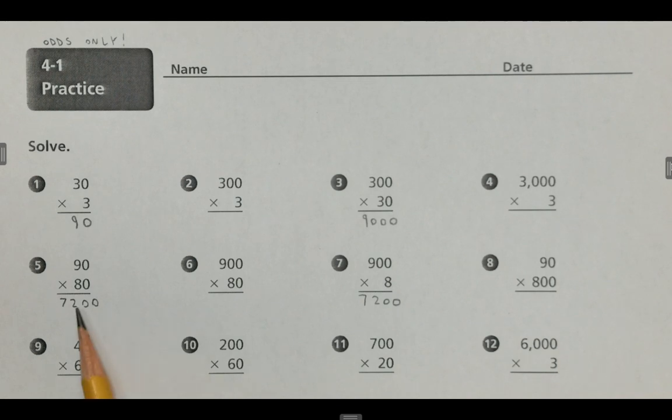Look at the similarities between 5 and 7. They both had the same non-zero digits, the 9 and the 8. And they both had 2 zeros altogether. It's just that here they were spread out, 1 and 1. And here the 2 zeros were both connected to the 9. But you got your same answer.